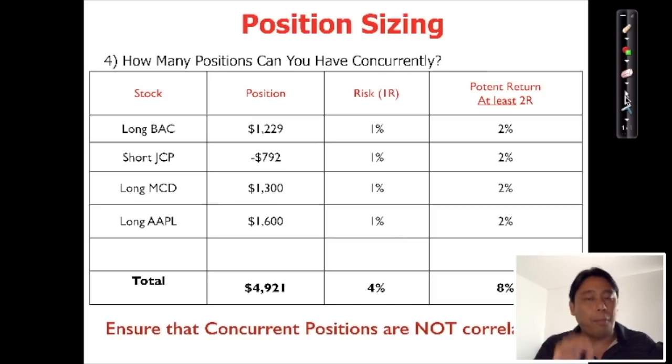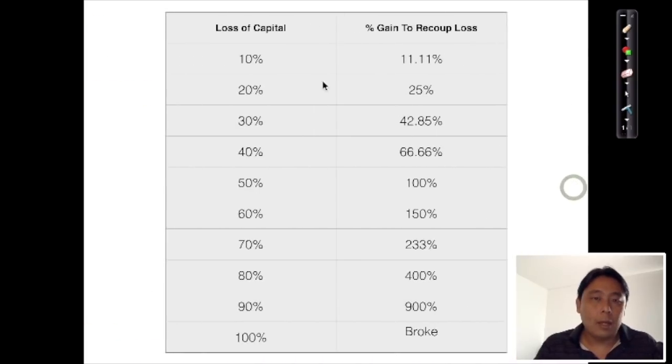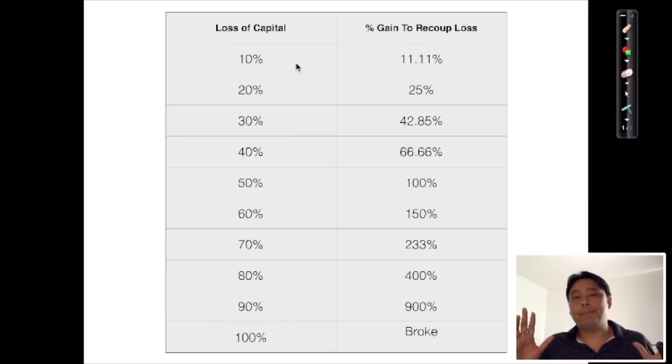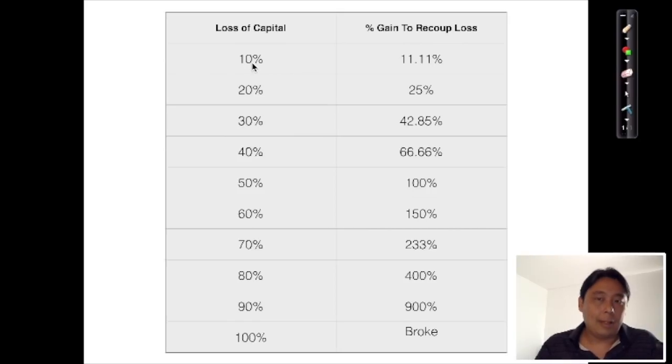Okay? So why is it important for us to limit our risk to 10%? Because in the event that you get all of them as losing trades, your capital is down 10%. Now to recover from that, you just need an 11% gain on your balance to break even. It's pretty easy, okay?